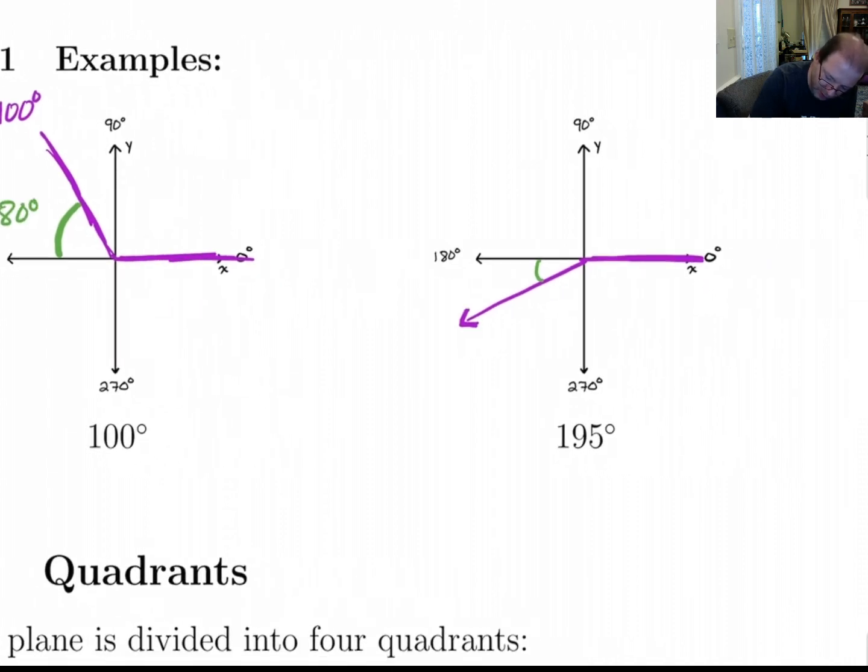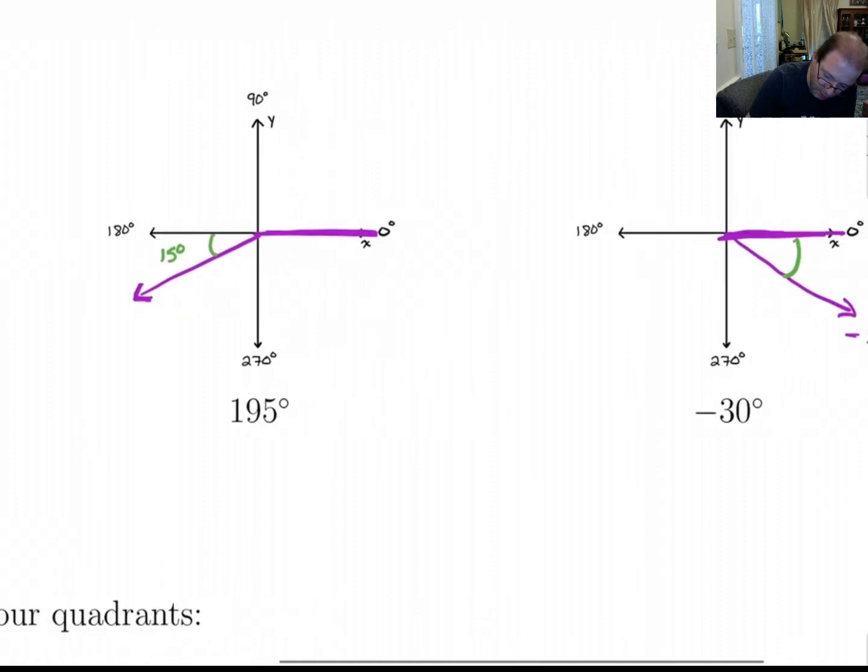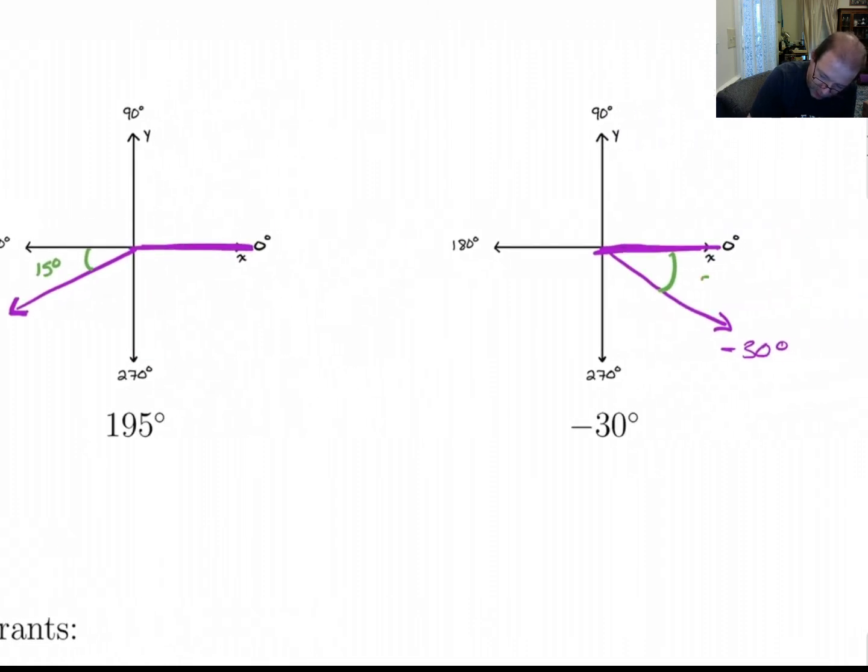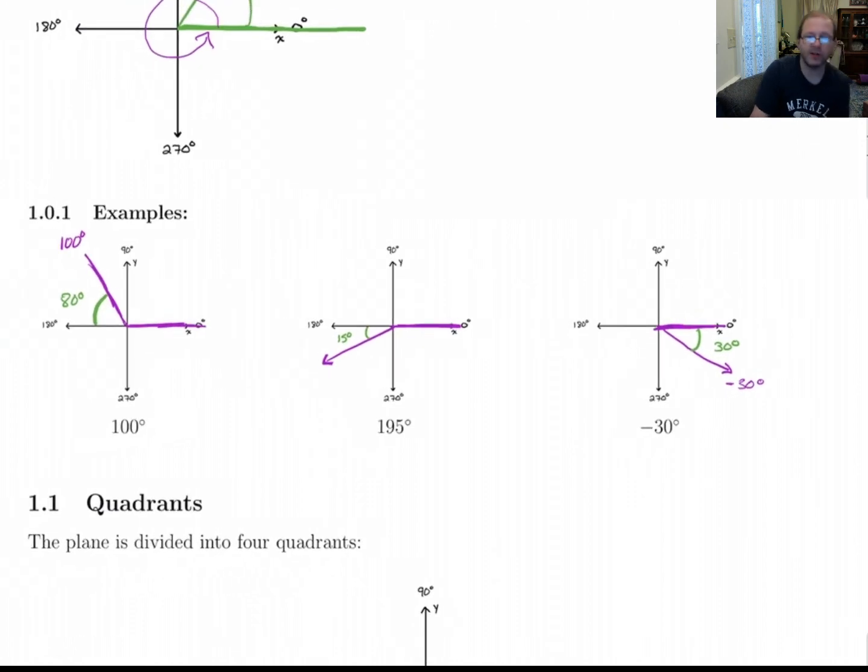Reference angle here would be 15 degrees. And this reference angle would be 30 degrees. Reference angles are always positive because it's like you're measuring a distance. In this case, an angular distance between the terminal side and the x-axis. And you go to whichever half of the x-axis is closer.